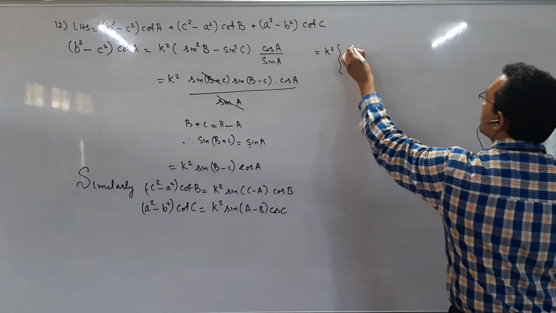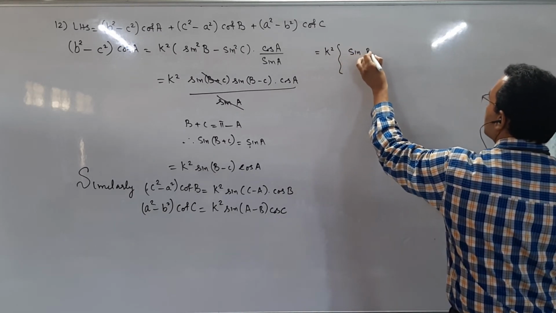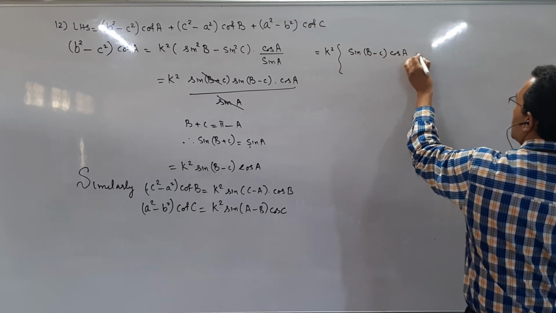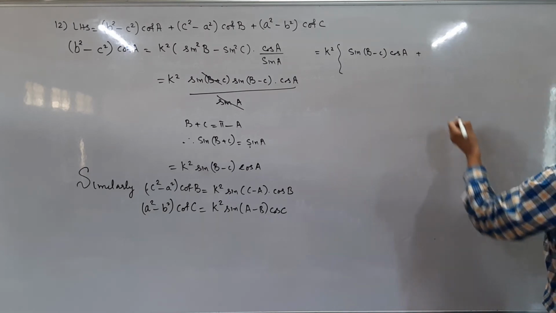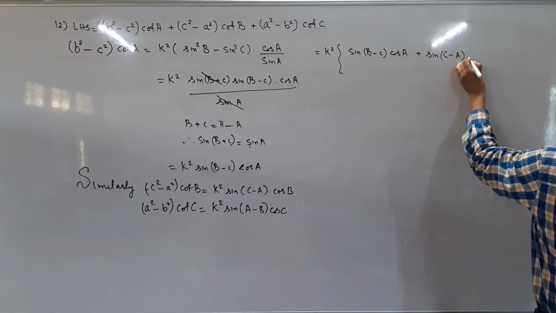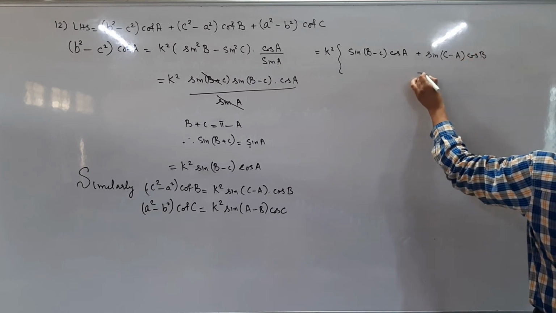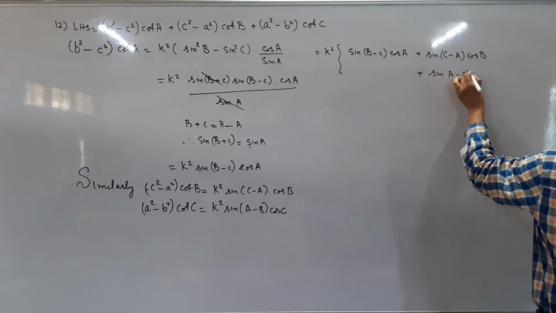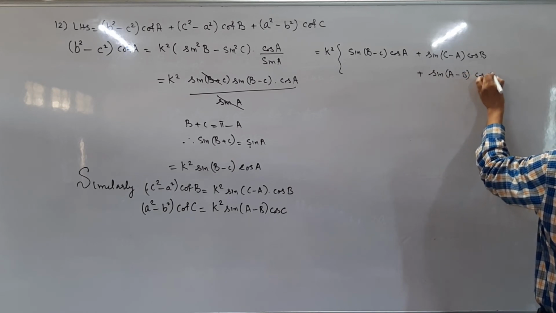So we will have sine of B minus C into cos A plus sine of C minus A into cos B plus sine of A minus B into cos C.